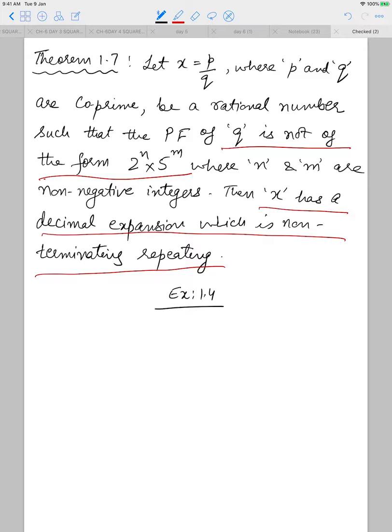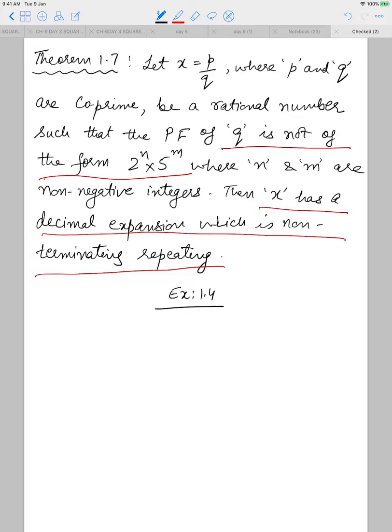And now in question number 2 it says, write down the decimal expansion of those rational numbers in question number 1 above which have terminating decimal expansion. So we will do question number 1 and 2 simultaneously. If the given rational number has a terminating decimal expansion, then we will find out its decimal expansion as well.